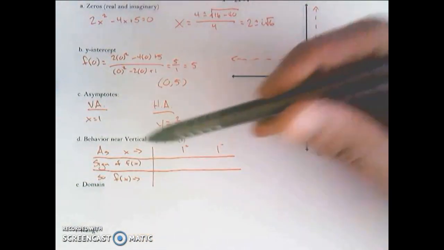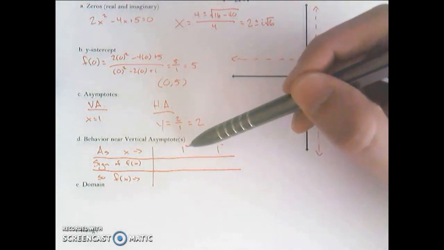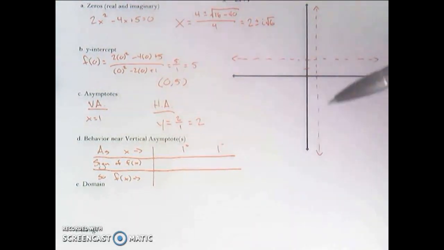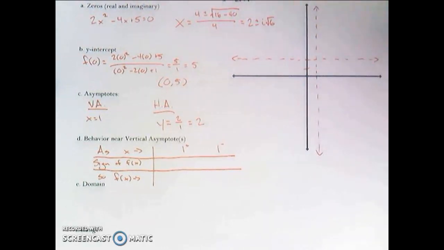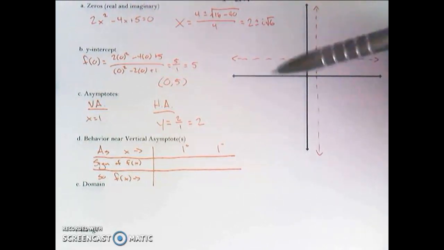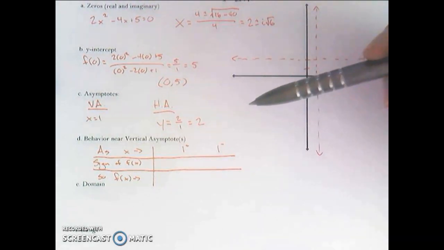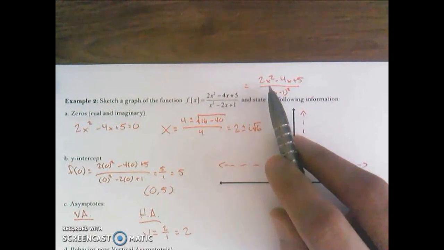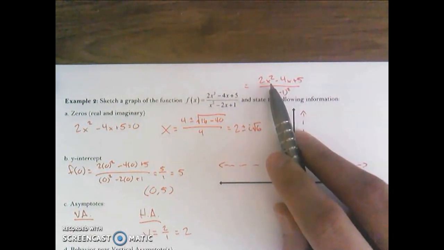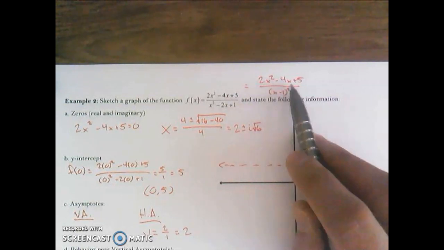So as x approaches 1 from the positive side, we're saying that x gets really, really close to 1 from the positive side. So we're going from, say, 1.5 to 1.1 to 1.01 to 1.001. We're getting closer and closer to 1 from the positive side. As we get closer to 1, our numerator is like 1 squared, so we have 2 minus 4 plus 5.